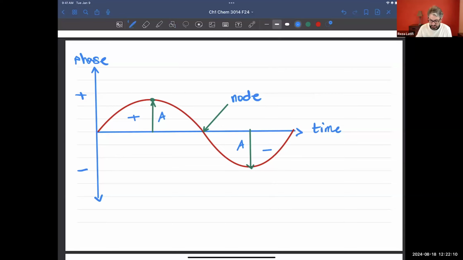And again, what's the node? A place where you have zero chance to find the electron.